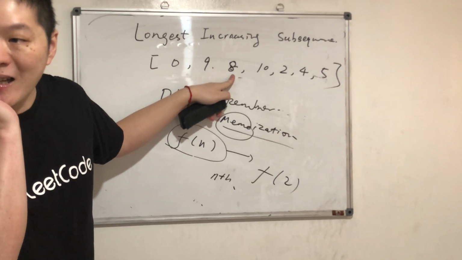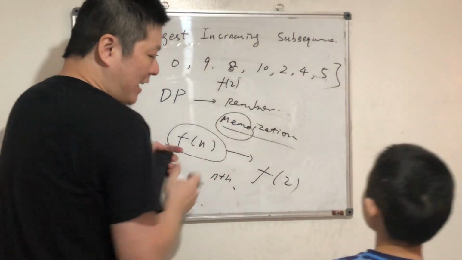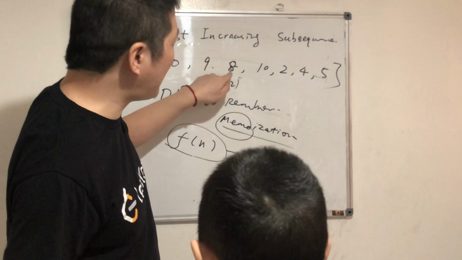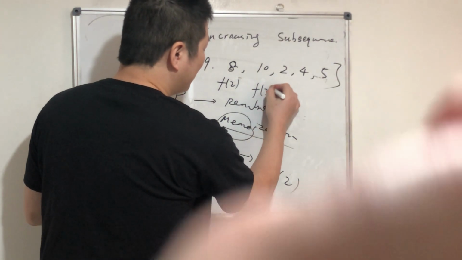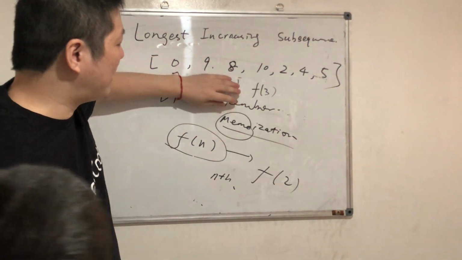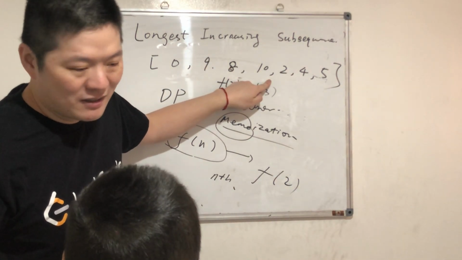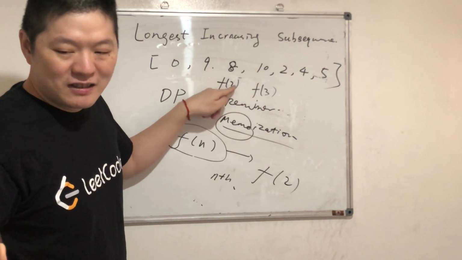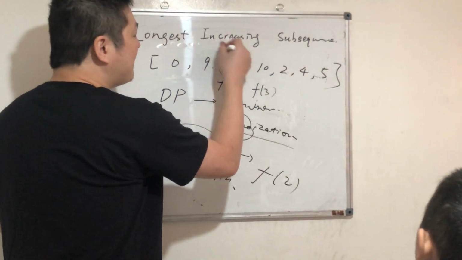Now I know F2, and here A is smaller than 10. So what does F3 equal?